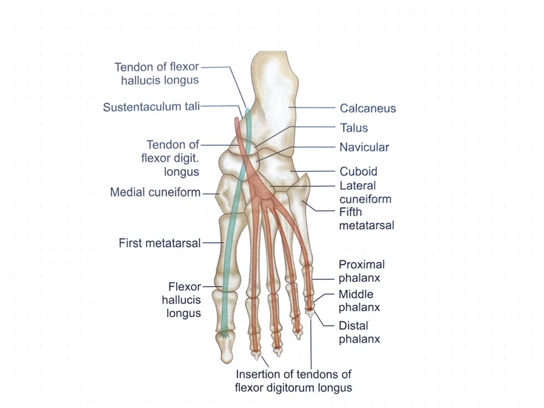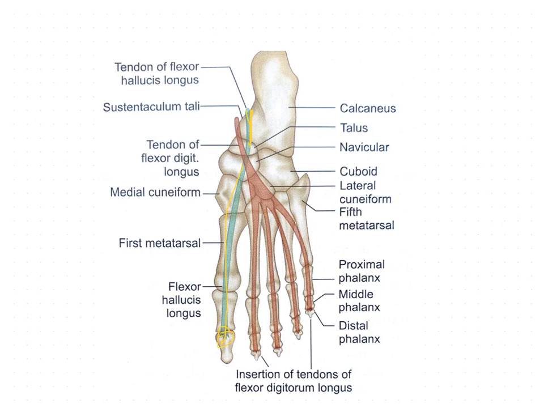As we know, there are four layers in the sole, so in the second layer the tendon enters, and then finally it is inserted into the plantar aspect of the base of the terminal phalanx of the great toe. This is the insertion of flexor hallucis longus.